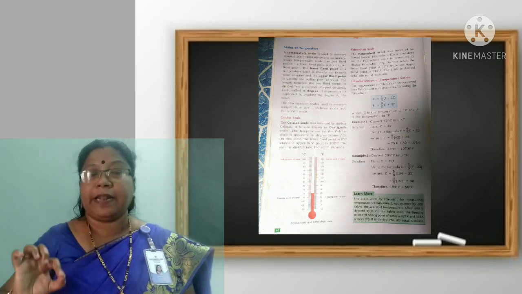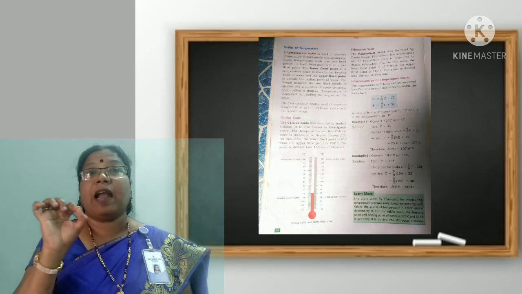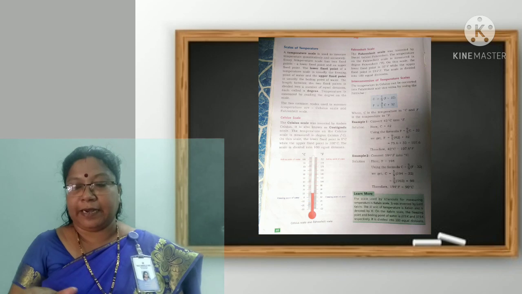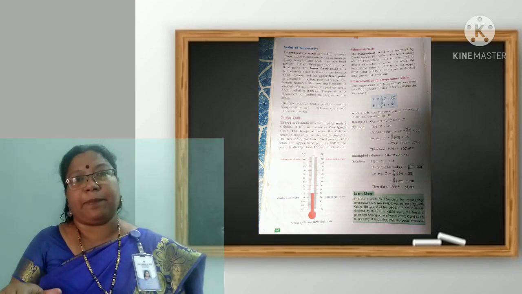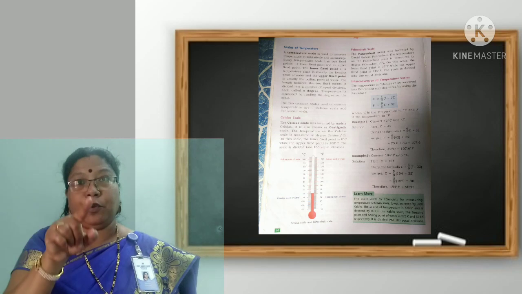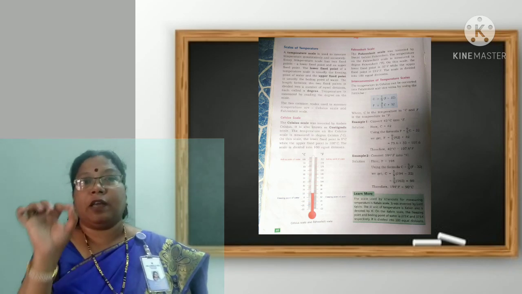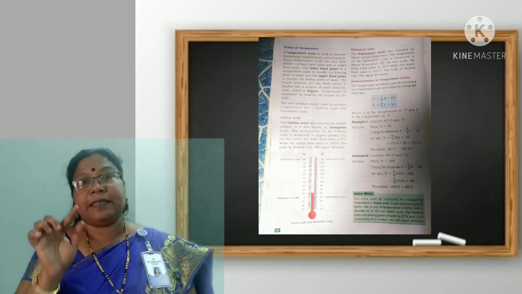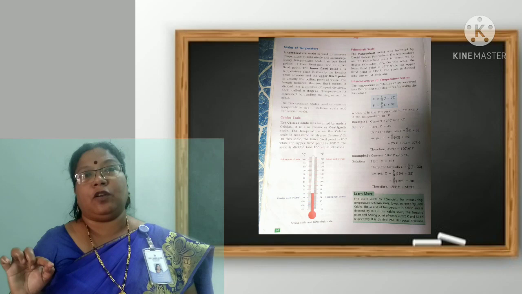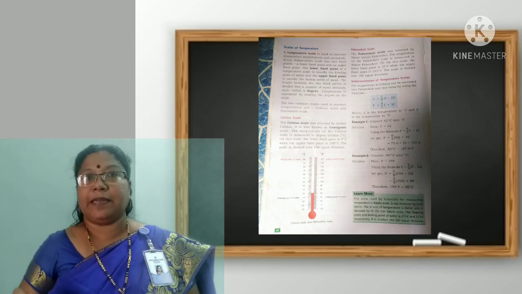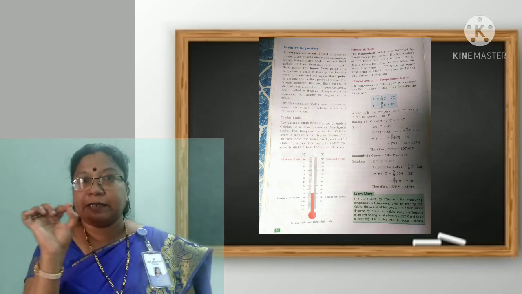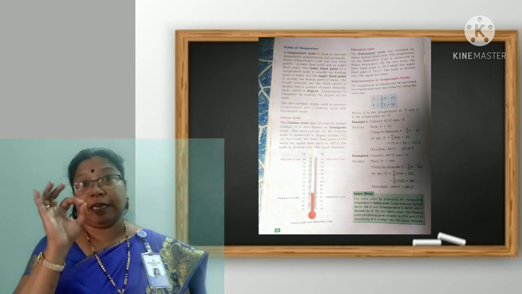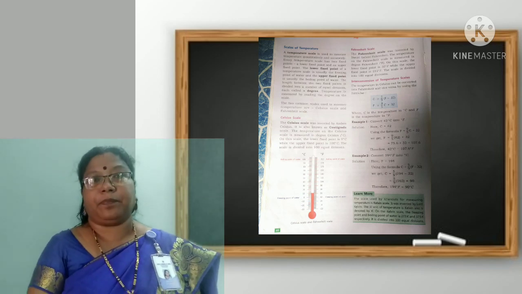The length between these 2 points is divided equally, each being 1 degree. You know your ruler, it has many small lines inside. Similarly, in the thermometer, the distance between the lower fixed point and upper fixed point is divided into small markings, and each is denoted as a degree.